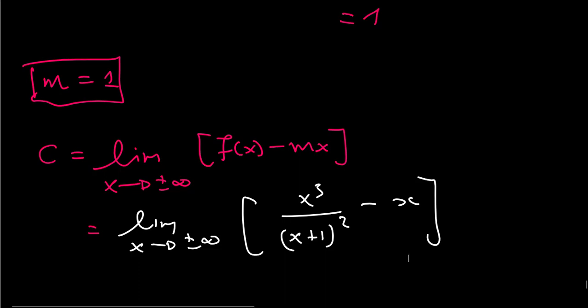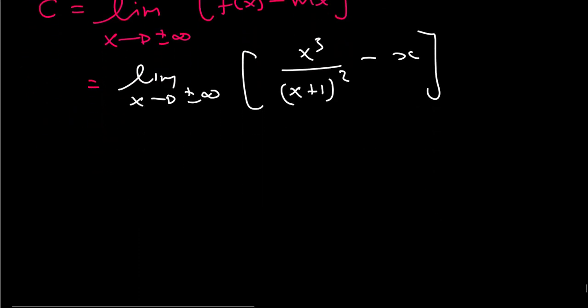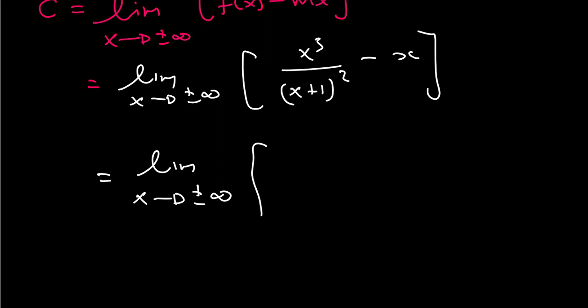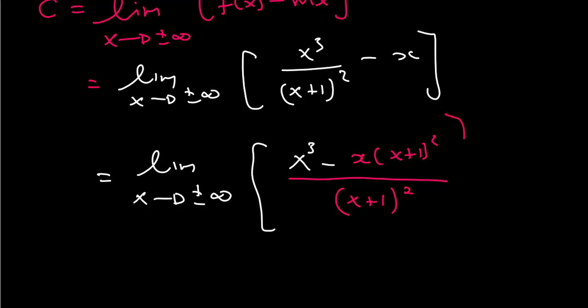So we simplify this expression and get the value of that limit. Simplifying that expression, I'll take the LCM: that will be x cubed minus x times (x plus 1) squared, all of this divided by (x plus 1) squared.